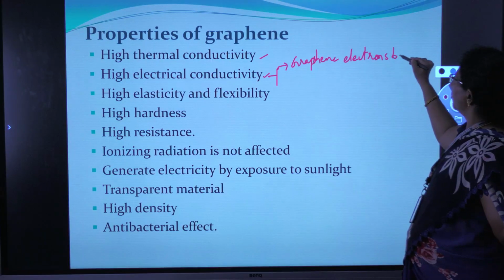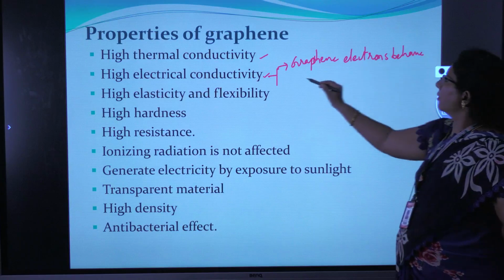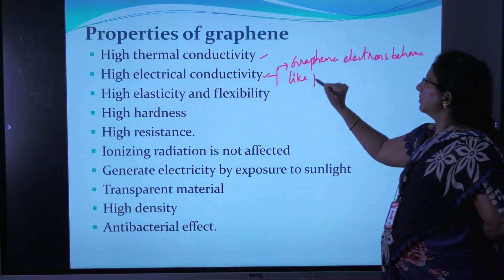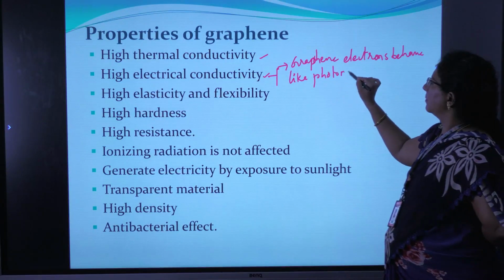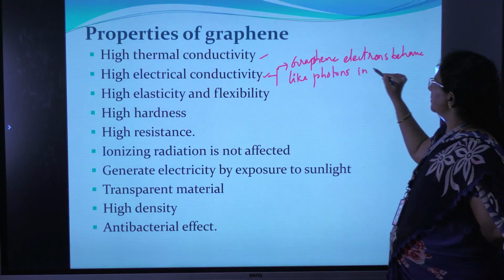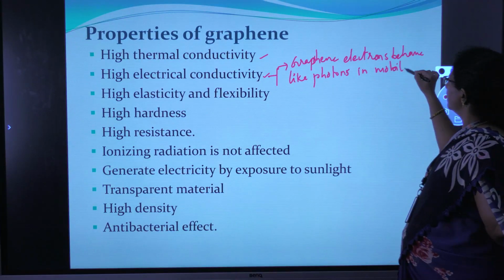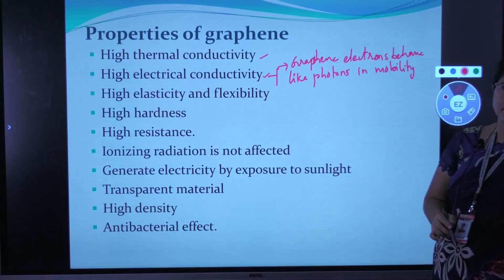Graphene electrons behave like photons in mobility. Why?